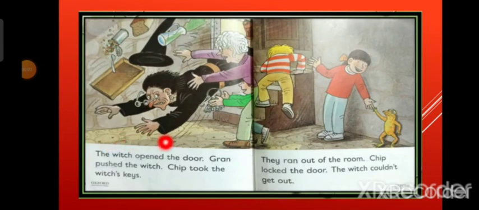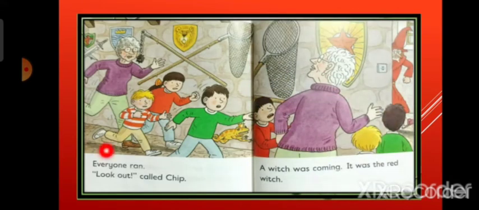The witch opened the door. Gran pushed the witch. Chip took the witch's keys. They ran out of the room. Chip locked the door. The witch couldn't get out. Everyone ran. "Look out," called Chip.